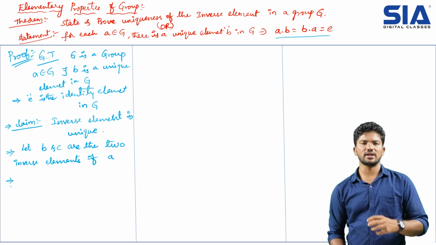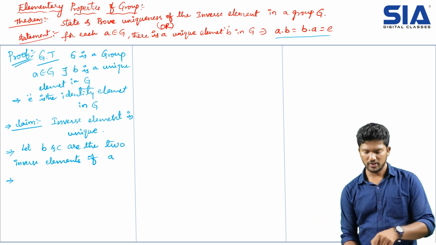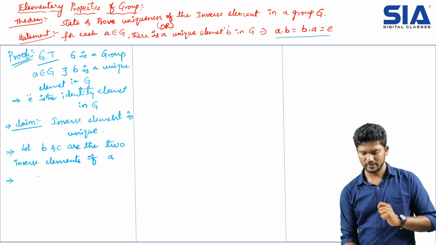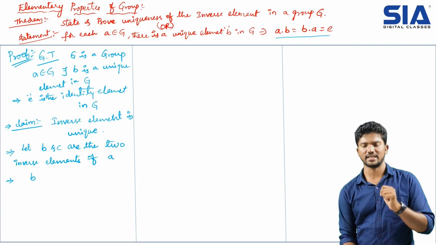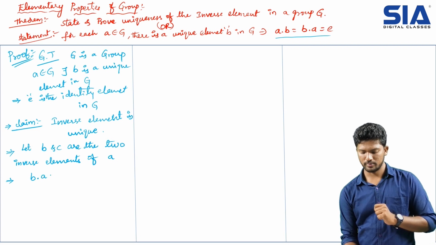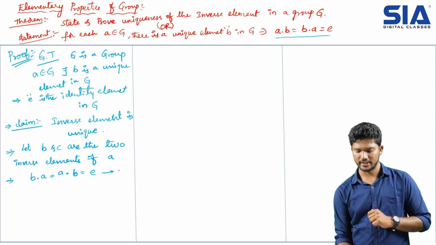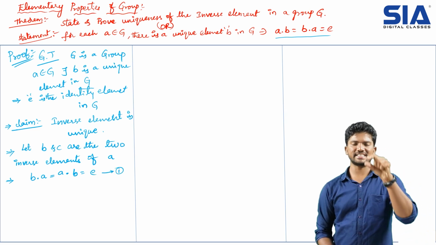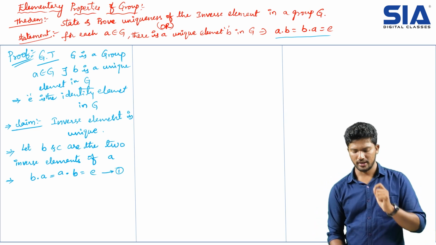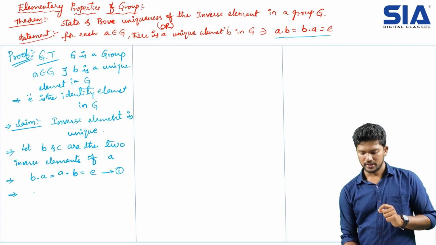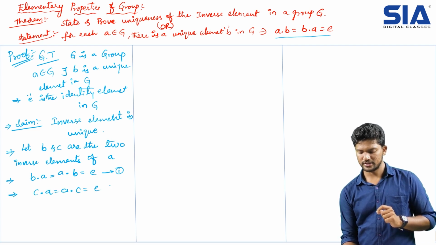Then according to the condition, if you take B as an inverse element, it has to satisfy the inverse condition for A. So B into A is equal to A into B is equal to small e. That is taken as equation number 1. Next, if C is the inverse element for A, then C into A is equal to A into C is equal to small e.